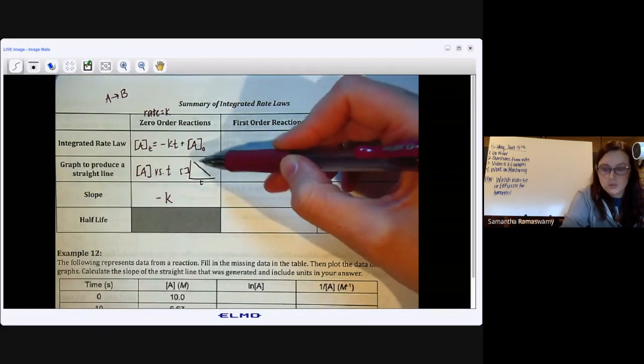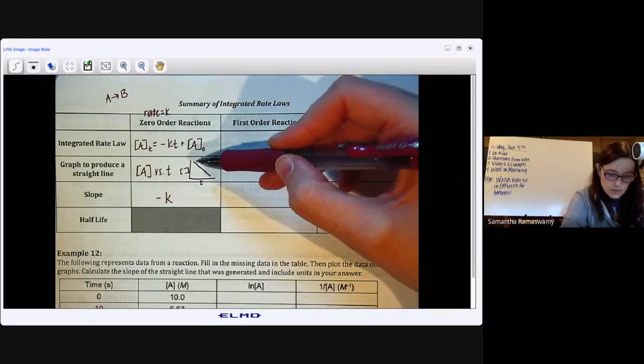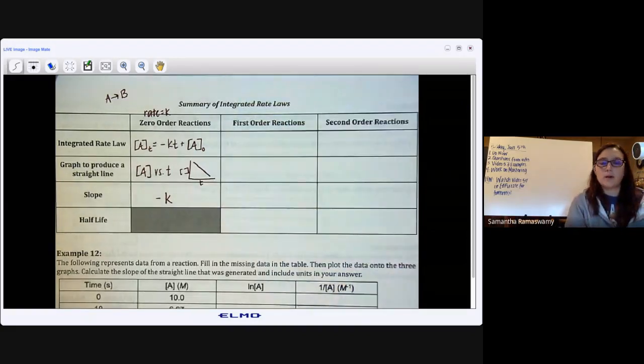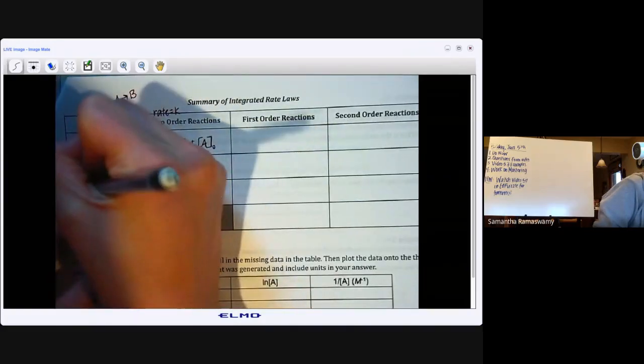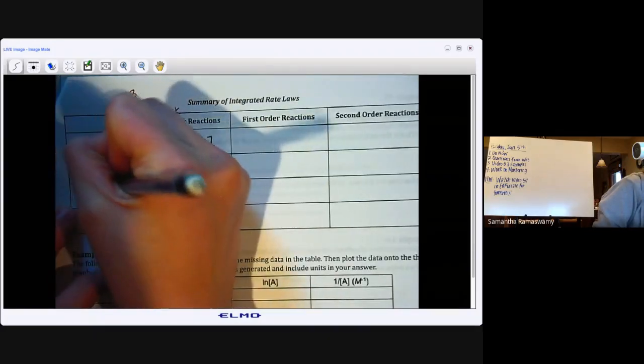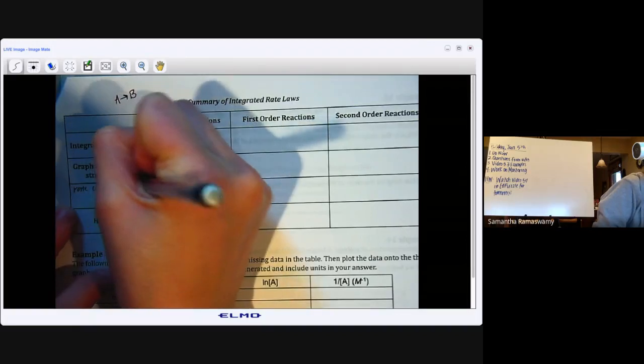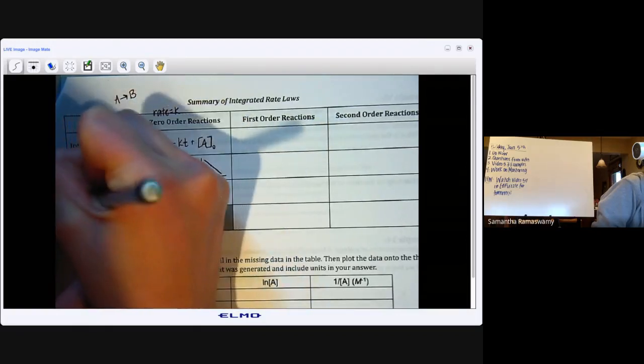So when I solve for slope, it's going to be a negative number. To make sure that the rate constant is always a positive number, I have to put a negative in front. All right, so again, I'm going to just write this over here. Rate constant is always positive.